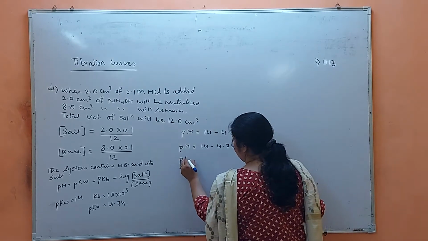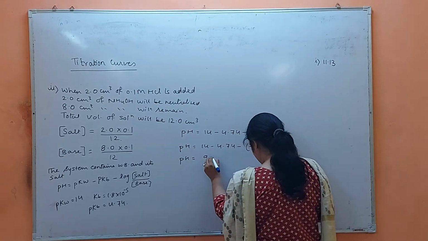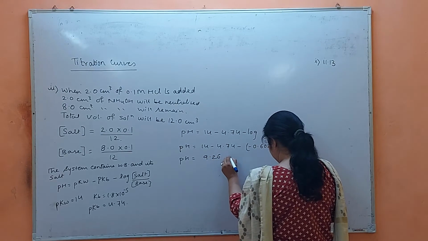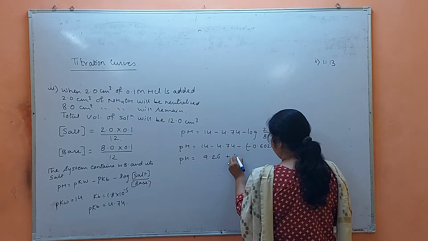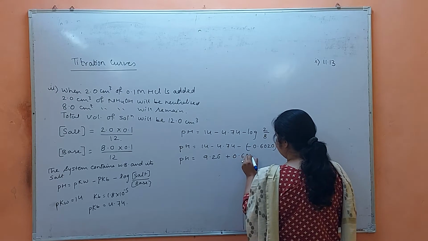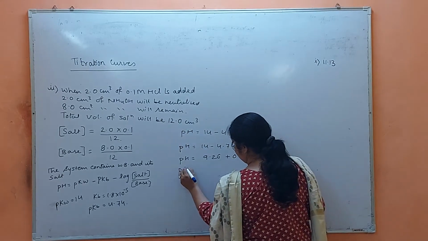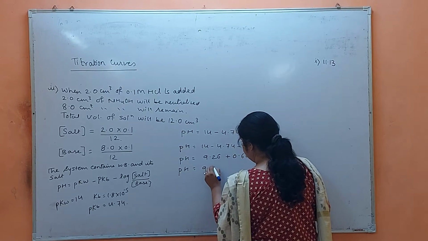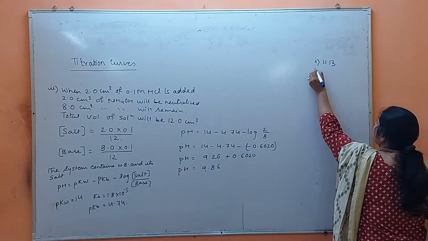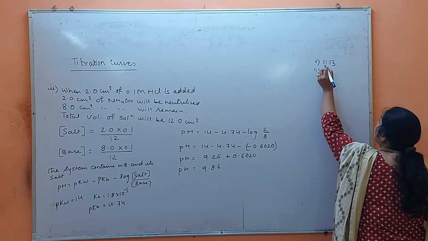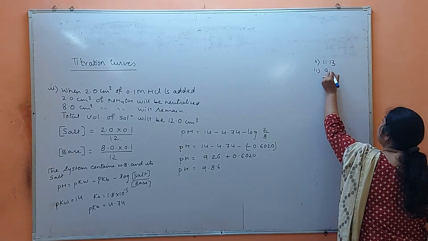So pH is equal to 9.26, minus minus plus, so it will be plus 0.6020, so it comes out to be 9.86. So in the second stage it is 9.86.